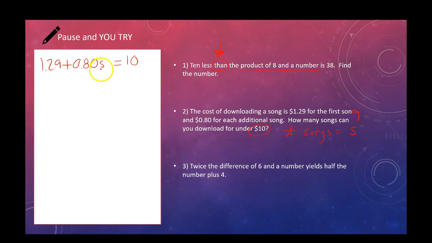So we're trying to figure out what that S has to be to keep it under $10. All right, so let's subtract $1.29, and that gives you $8.71. Again, I'm using a calculator to do my math, as you could. So set up the equation and then work through and show your steps. Divide by the 80 cents.